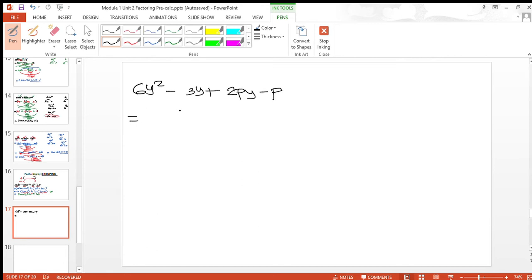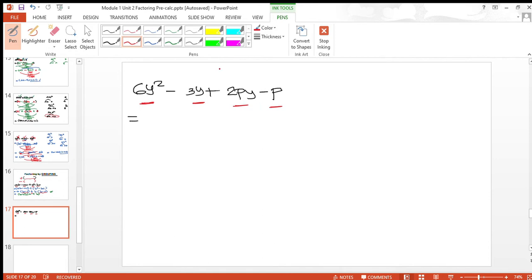So let's inspect. For the first two terms, you will notice that y is common, while for the last two terms, p is common. So guys, it does not mean that we will always group the first two terms, we will always group the last two terms. In some polynomials, we will be needing rearrangement of elements so that we can group terms together.